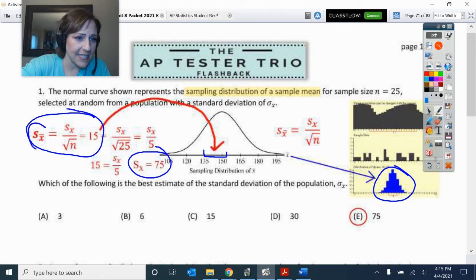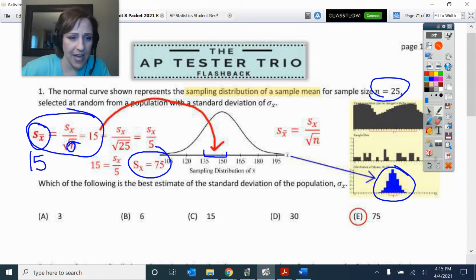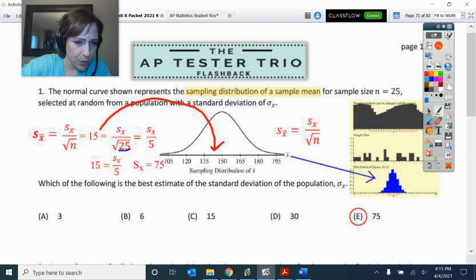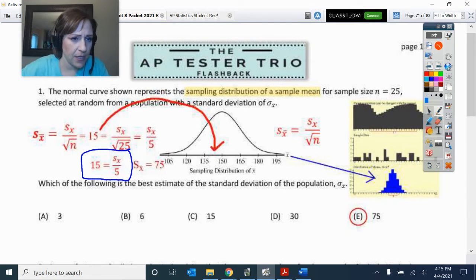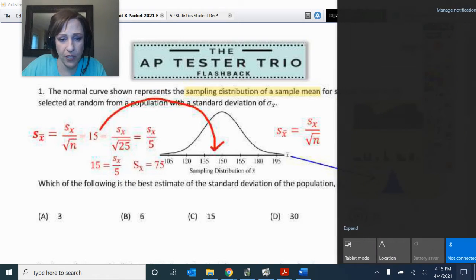So I can see that this is 15, okay, and that N is told to me to be 25. So see, that's what I put in. I put 15 in, and I put the square root of 25 in, which is 5, and then I solved for the S of X. Very tricky. Man, that one right there makes you know what you're talking about. Okay, very big deal. All right, moving on.